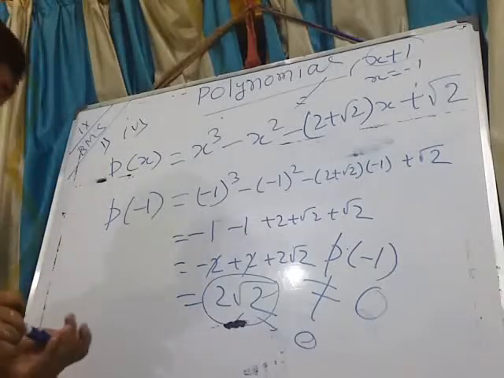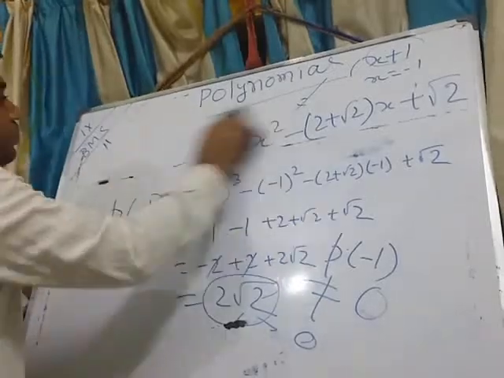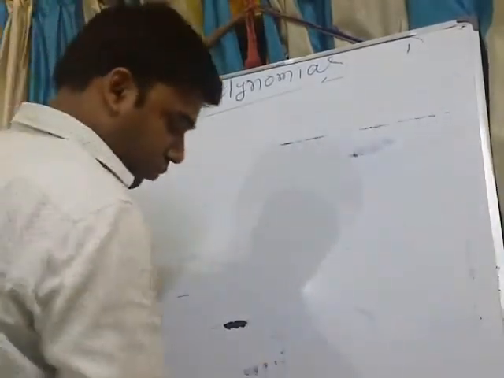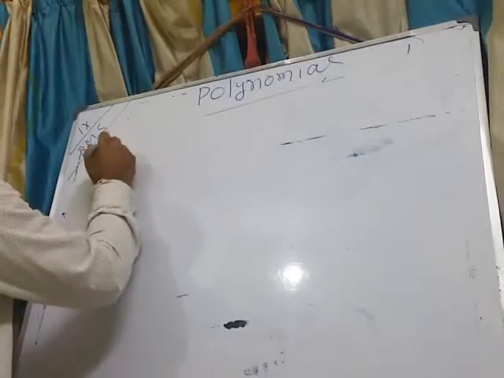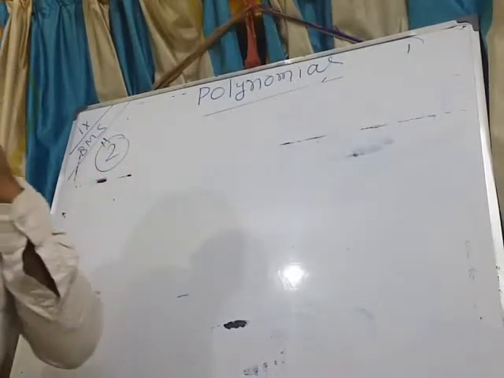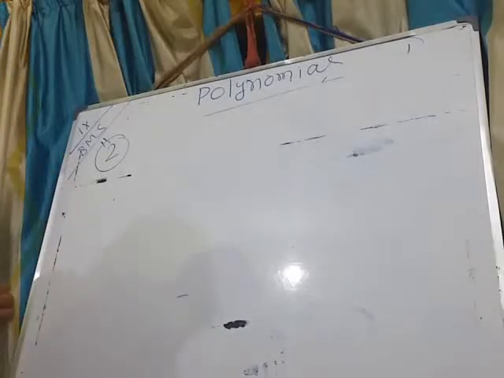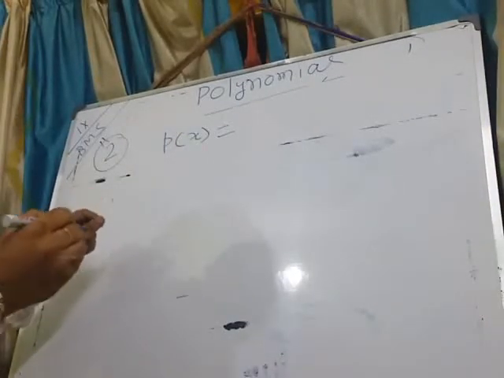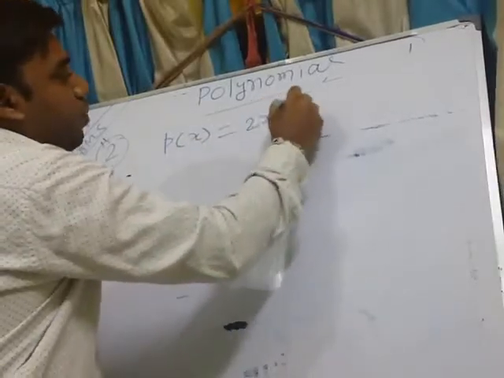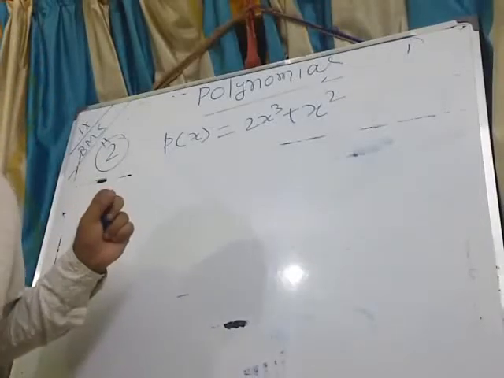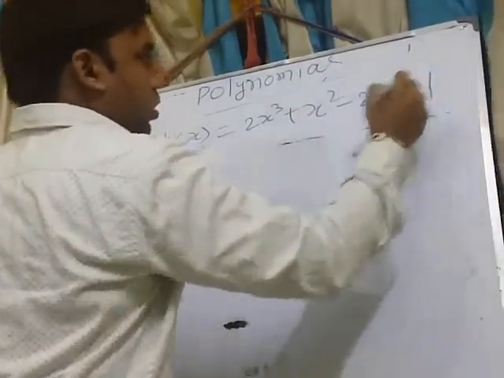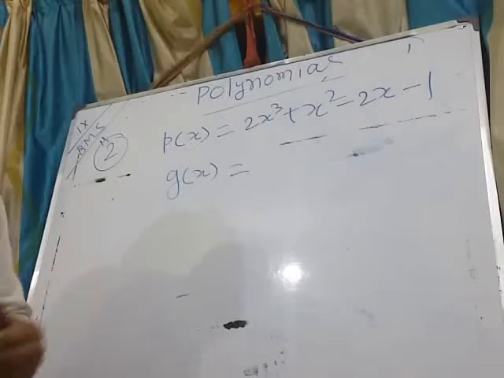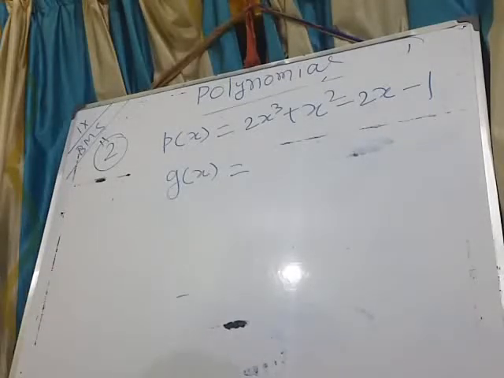Now coming to the next question, that is question number 2. Using the factor theorem, determine whether g(x) is a factor of p(x). p(x) equals 2x cube plus x square minus 2x minus 1, and g(x) is x plus 1.